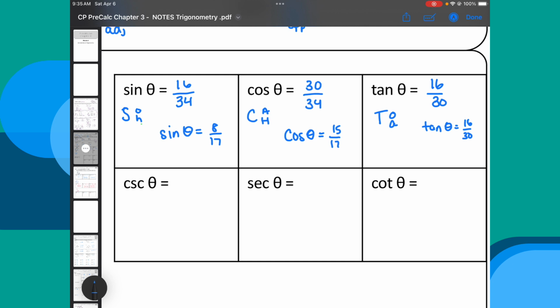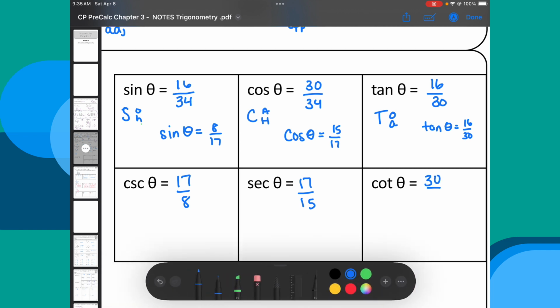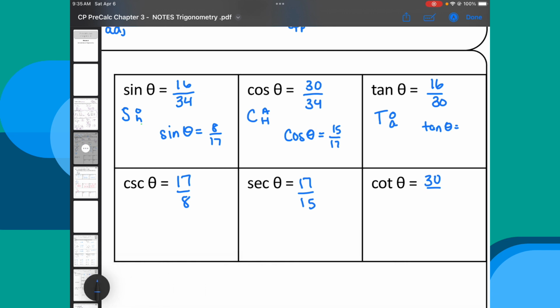So if sine theta is 8 over 17, then cosecant would be 17 over 8. If cosine is 15 over 17, then secant is 17 over 15. They're just the reciprocal functions. We're just flipping them. I just noticed I didn't reduce this fraction. Sorry. Tan was 16 over 30.